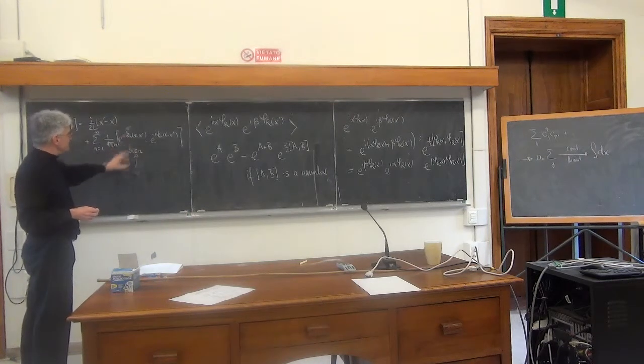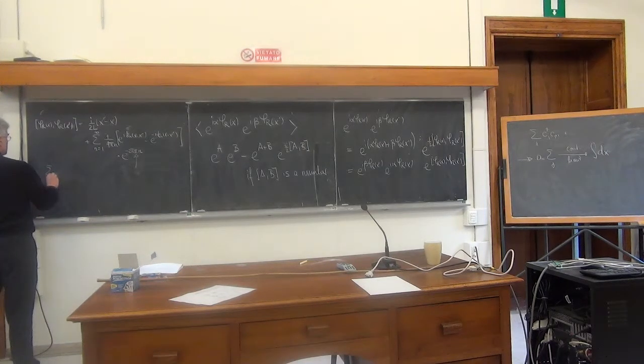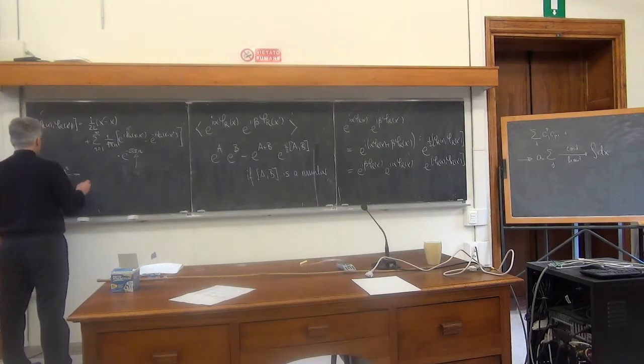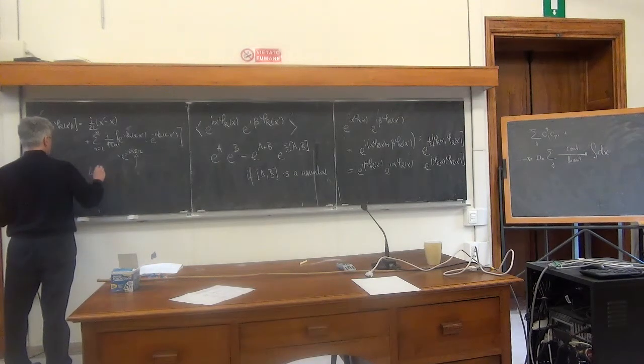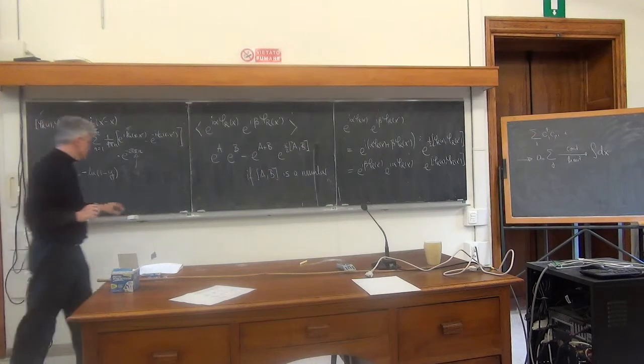So after I've done this, you can do the sum now, because the sum has the form sum from n equals 1 to infinity of y to the n divided by n, which you recognize as the series of the logarithm, minus log(1 minus y). Now I will use this to carry out these sums.